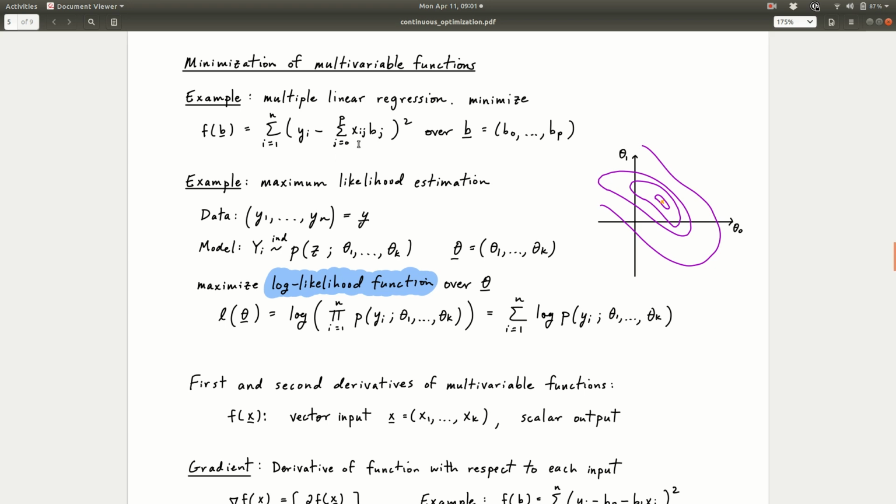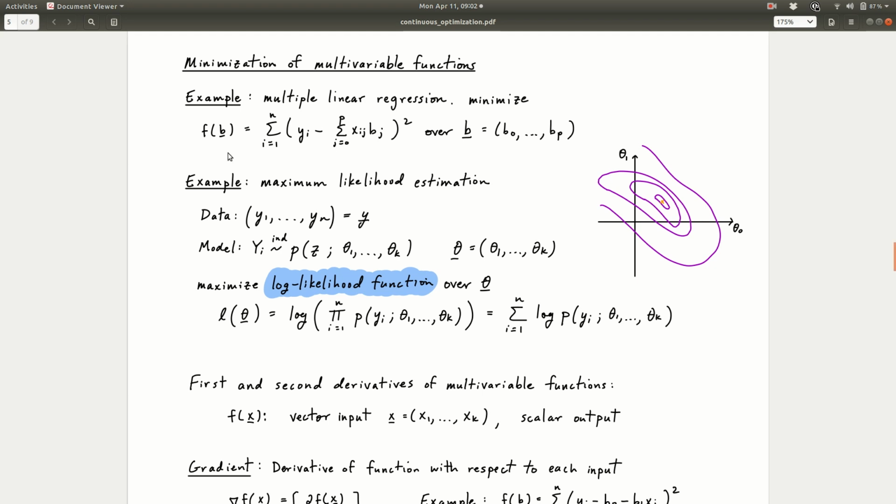And for each response, we have a set of p plus 1 covariates, x_ij. And we want to estimate the regression coefficients, b_0 to b_p. And the way we estimate them is we form the sum of squares criterion, and we pick the b's to minimize this criterion. So the word least means to minimize. So this is an optimization problem.